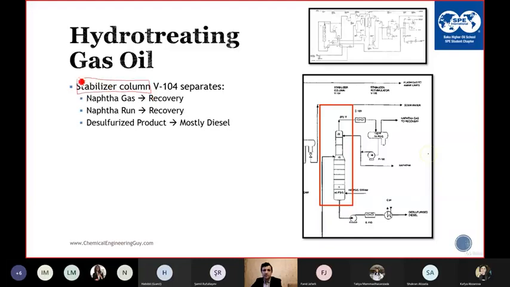After each reaction, we have a stabilizing section. In the diesel hydrotreater, we separate the gas, we separate the naphtha which is in the diesel, and we separate the diesel product. This is directly sent to sales. But this naphtha is still unstabilized naphtha. It is sent to the CDU, crude distillation unit, recycled back to the beginning of the process.